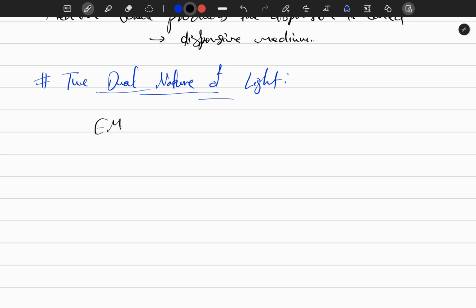So light appears to be electromagnetic wave of frequency nu, and on the other hand it appears to be the collection of photons having energy E and momentum. Okay, so it has been found that neither of the models can separately explain all the experimental facts.